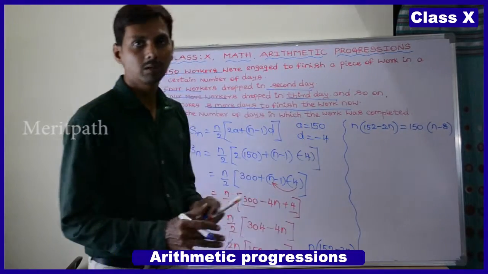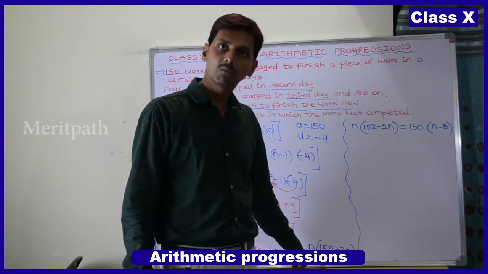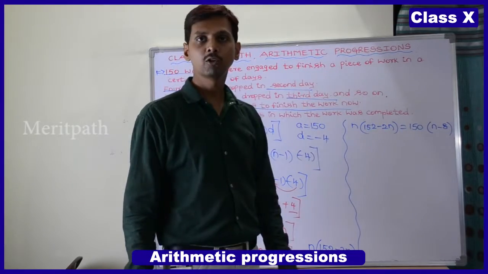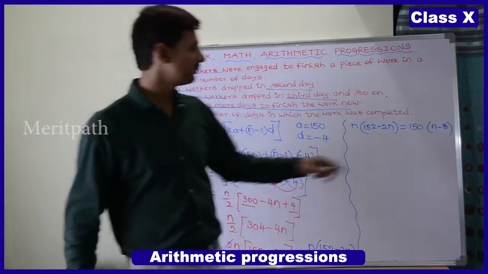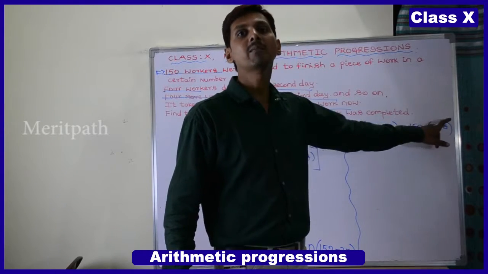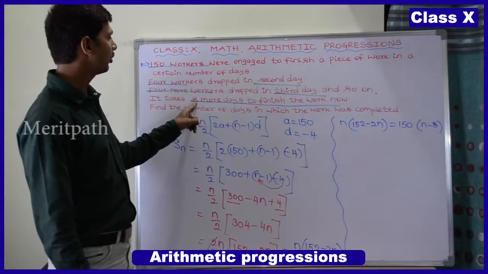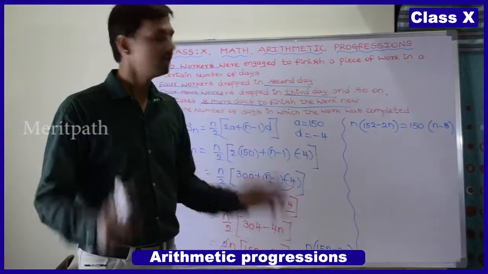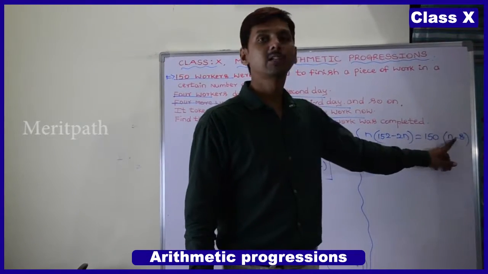It becomes equal. So let us recall again. This is the number of days to complete this particular work, so we have n into 152 minus 2n. We know that it takes 8 more days to complete that work. So for 150 members, 150 into n minus 8.